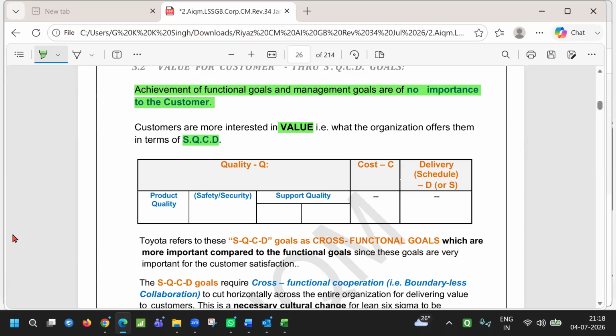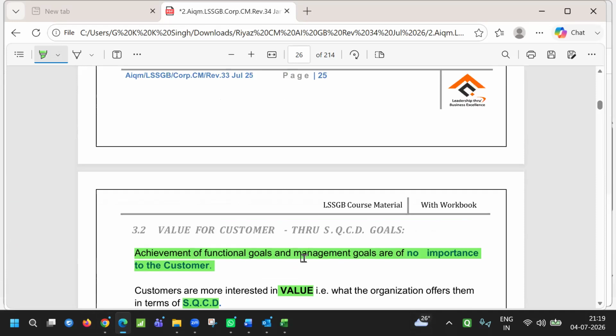It is a joint goal. Various departments have to work together if they have to deliver on time, if they have to give a good quality, if they have to give a good support. So that is why these goals are called cross-functional goals. So these are different from what you have seen on the previous page.